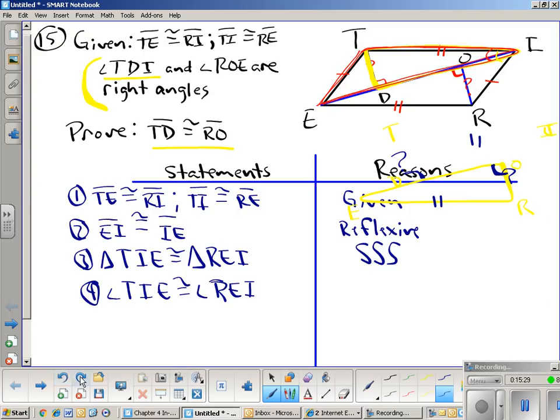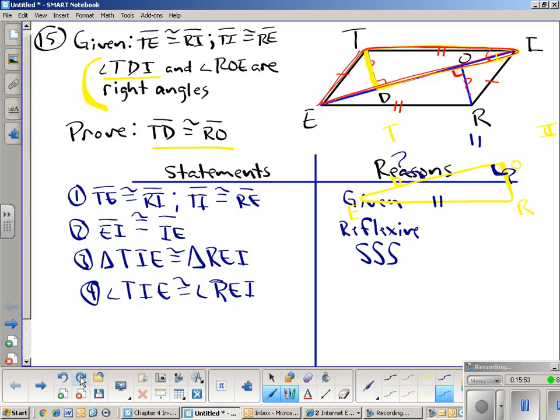Because of why? Hunter, do you know? Why are these angles congruent? Because we already proved the two triangles were congruent, and since they're congruent, everything inside the triangle is congruent. So what is the name of that rule?